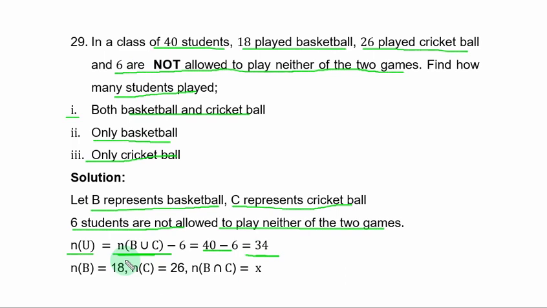If you continue, those that played basketball are 18, cricket ball 26. But those that played both games were not given. That is the first part of the question. Let S represent the number of those that play both games.